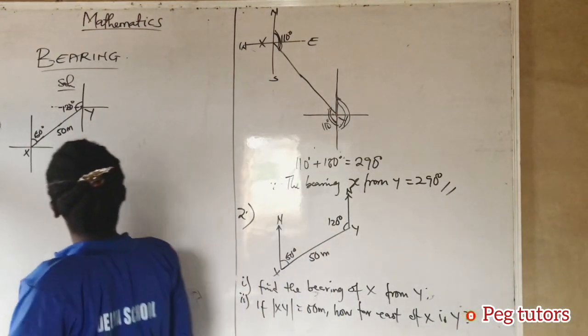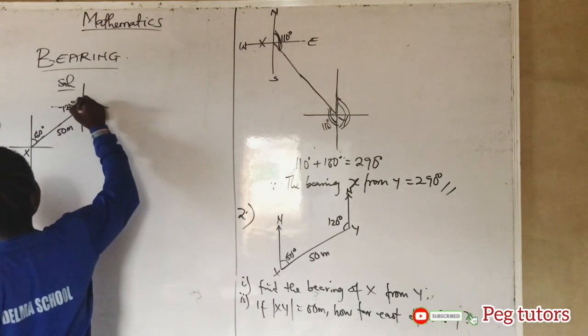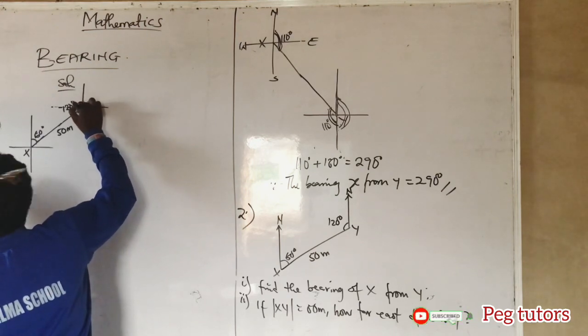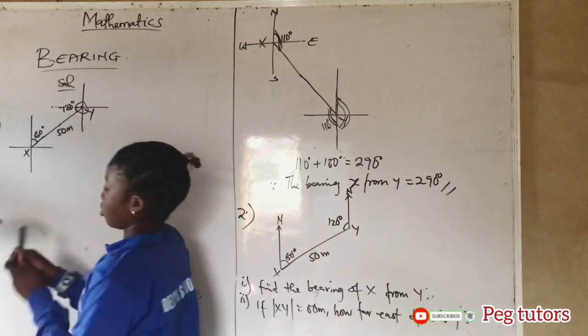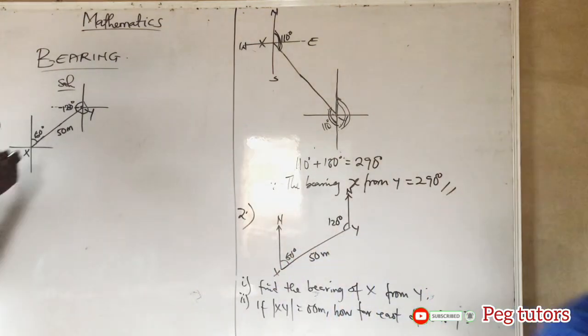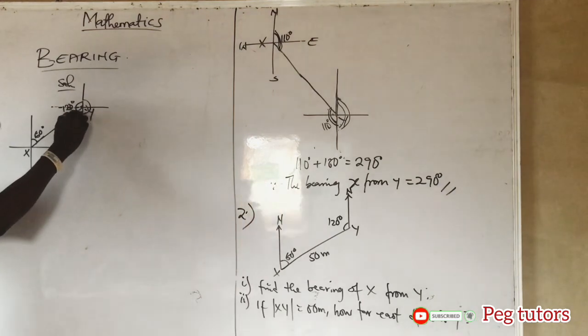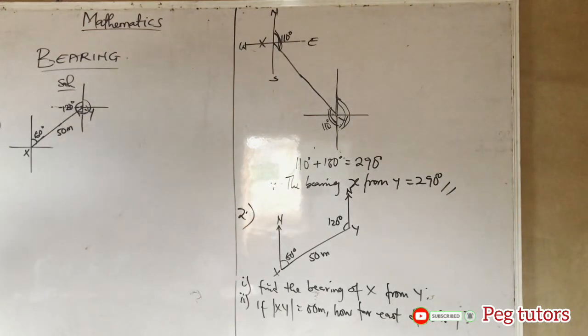Okay, that will it cover? To that line, very good. So the bearing of x from y is going to cover from here, just like she said, to this point. Are we together? But out of that place, 120 has been given to you already.